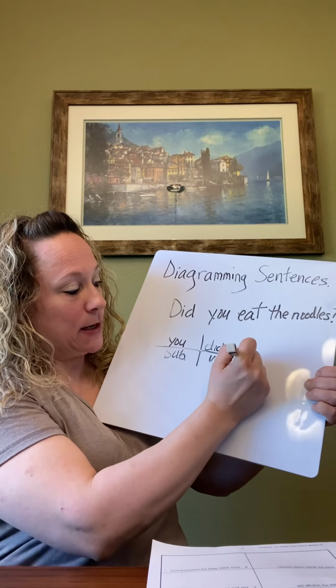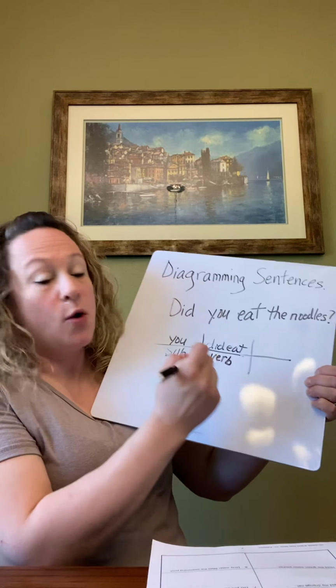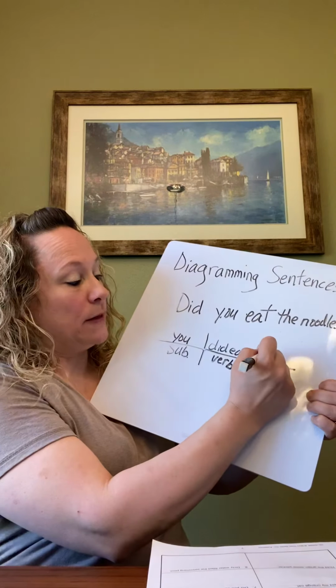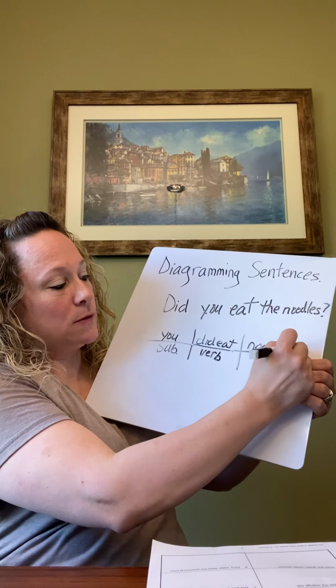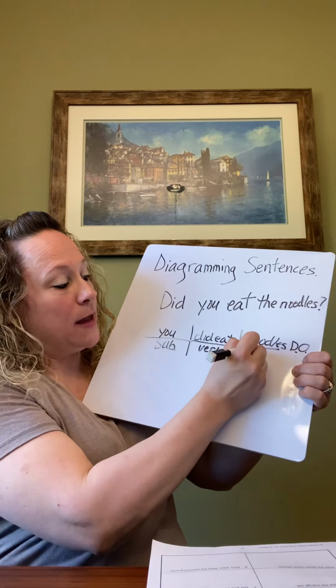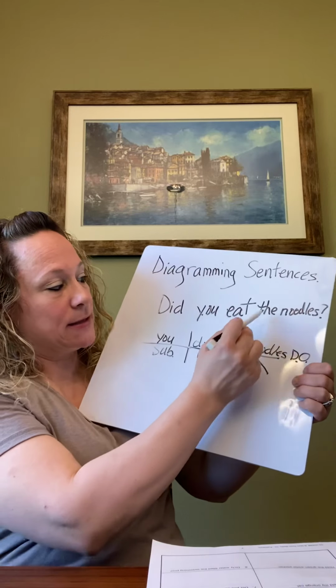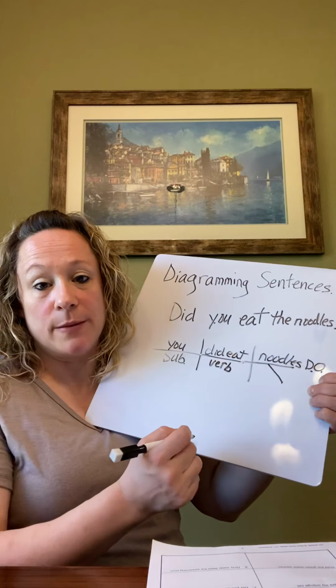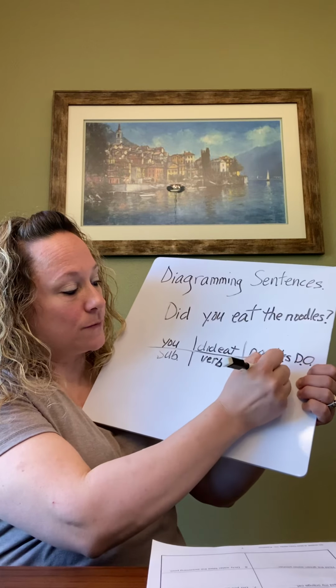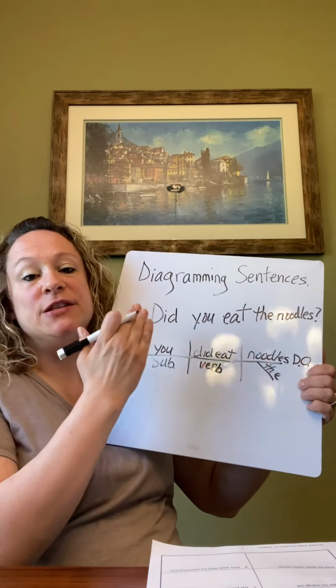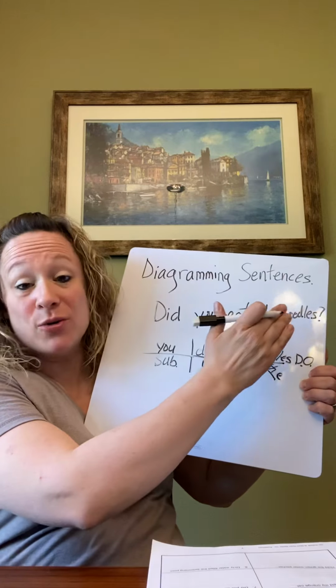And then we're separating again because we're going into our direct object. What did you eat? That would be your direct object, which is noodles. And then under noodles, we have to put that slanted line because the is describing noodles. Okay, if I had, did you eat the brown noodles?